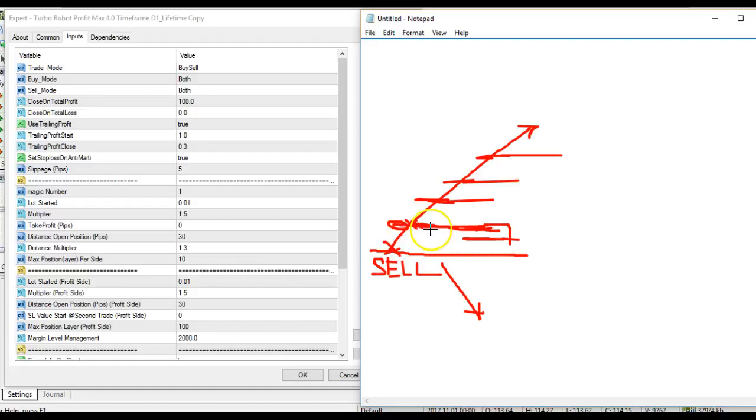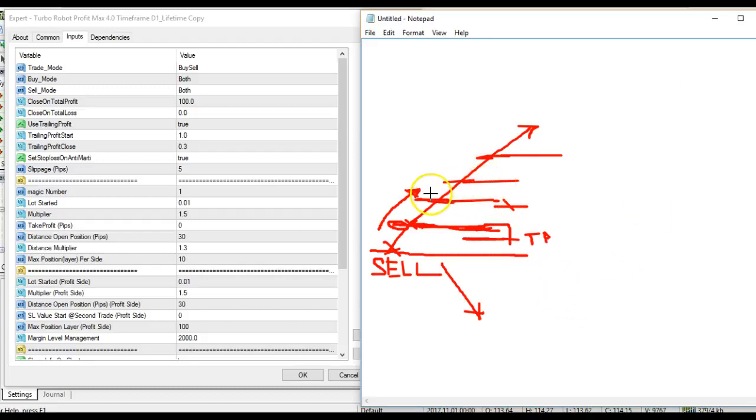All right, so what if the market is still going up to the next level? Next level means the third level. This particular TP here will be changed over here. Since this one is not closed, because the market is still going up, the TP will be changed over here.